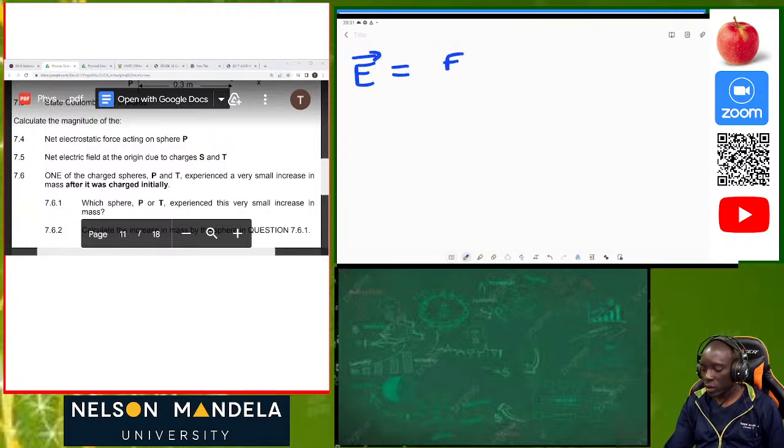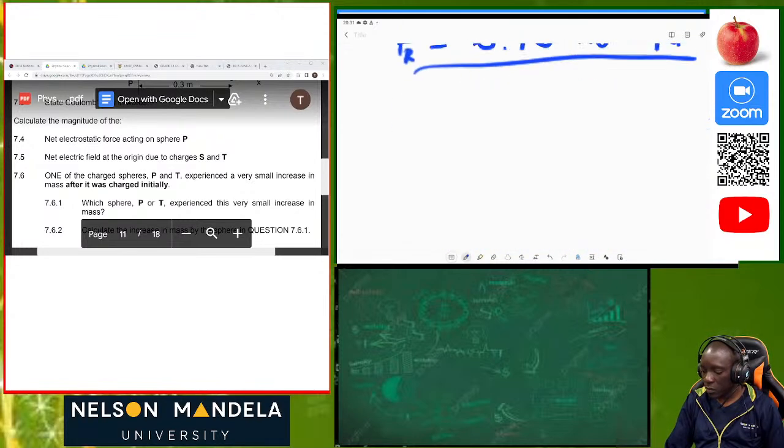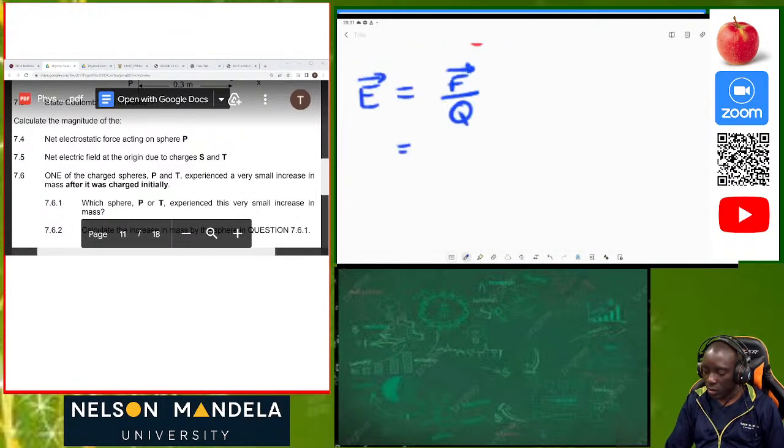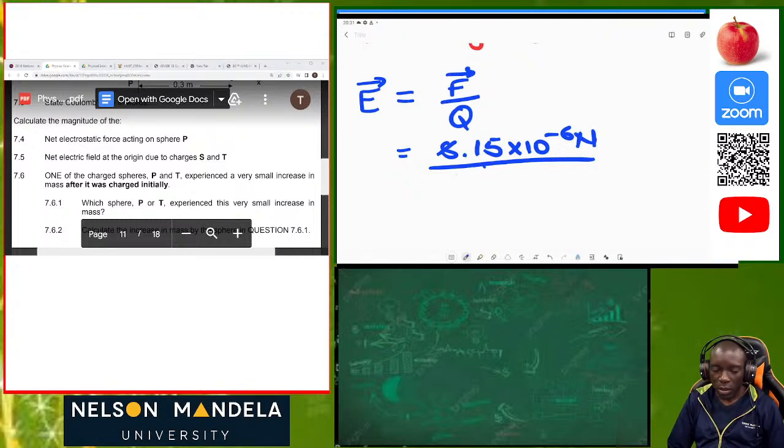It's also force, which is a vector, per unit charge. Right? So our force, we got a value of 8.15 times 10 to the minus 6 newtons. And the charge at the origin is negative 3 times 10 to the minus 9.